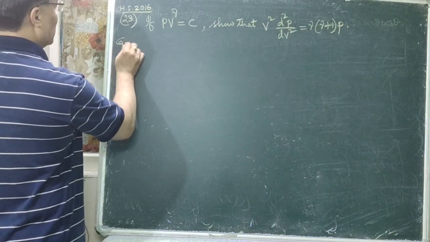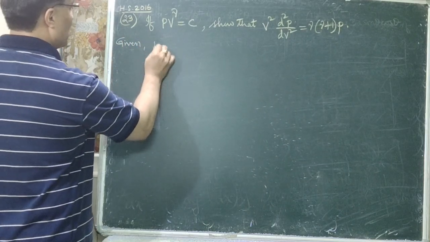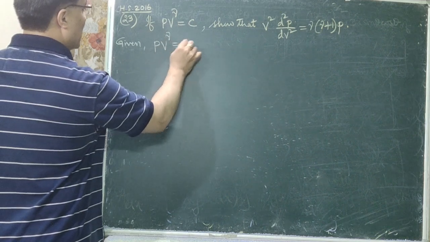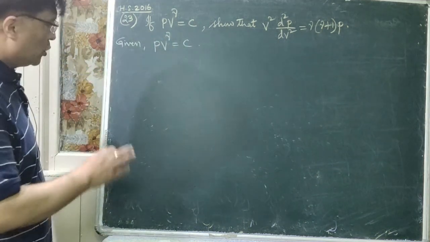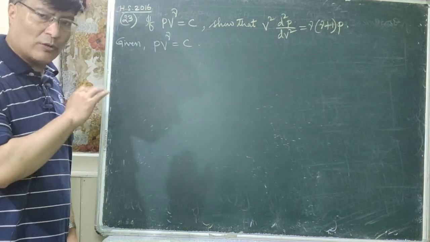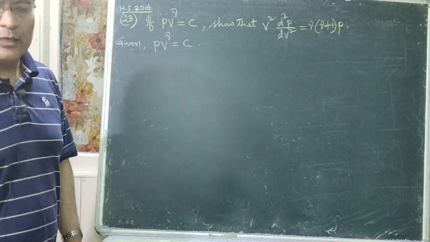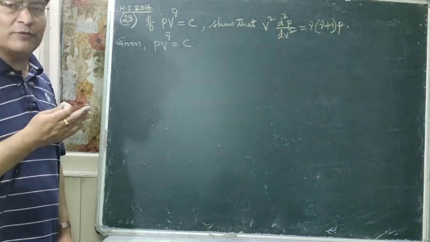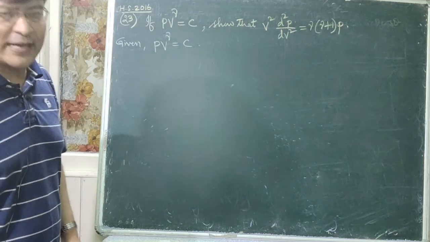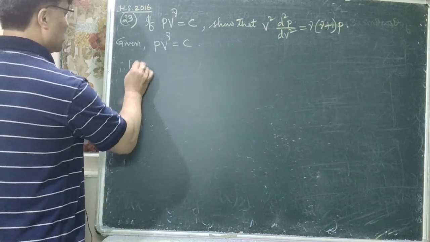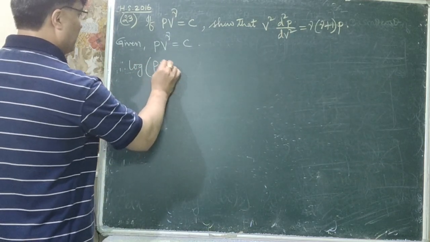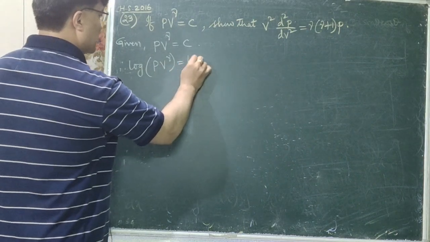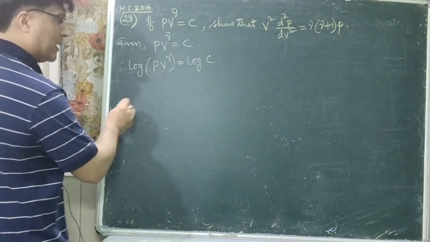So here given is PV to the power gamma is equal to C. You can use logarithm on both the sides to differentiate it. It will be easier for you to differentiate if you take log on both the sides. Therefore this is log PV to the power gamma is equal to log C, right?